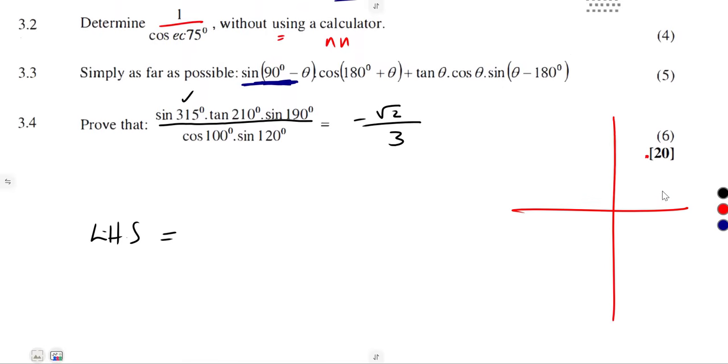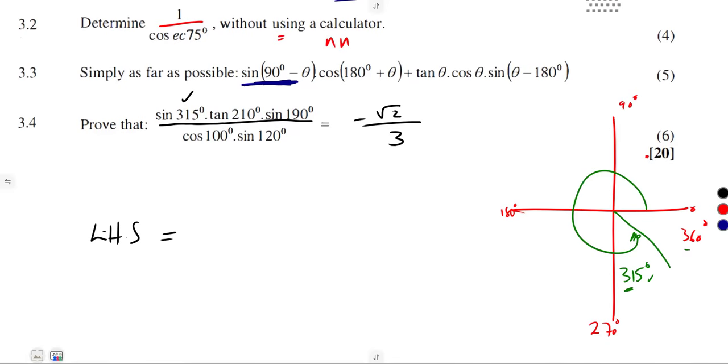Let's reduce this one. 315, which quadrant? Third. It's more than 270. 0, 90, 180, 270, 360. It is more than 270 degrees, so that's something like this, 315 degrees. So you ask yourself, guys, in the fourth quadrant, we have 360 degrees.